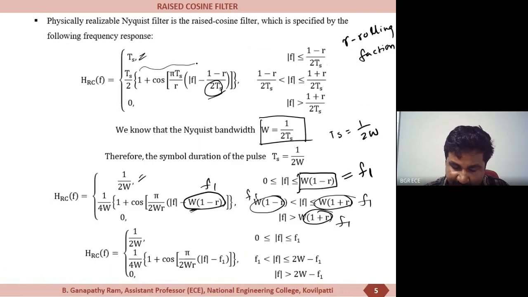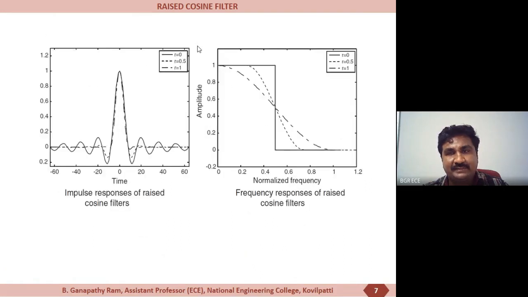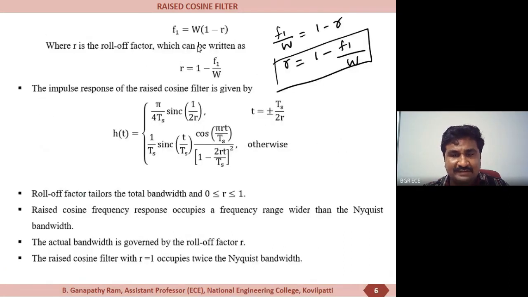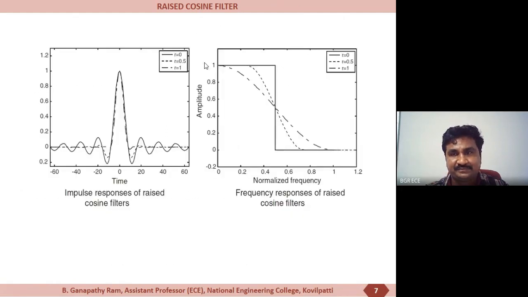The entire term will become 2. So Ts 2 will get cancelled if you put R equal to 0, so that it will be representing the Nyquist filter. If R is equal to 1, the raised cosine filter occupies twice the bandwidth of the Nyquist filter.